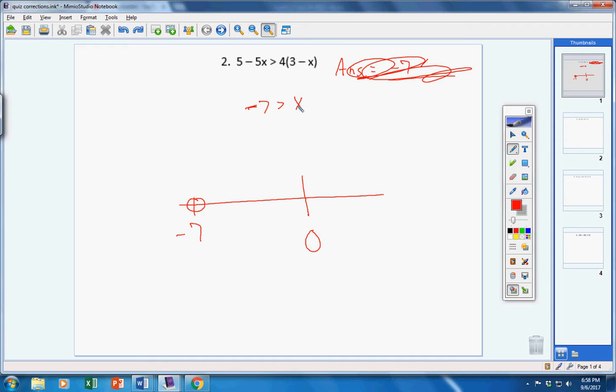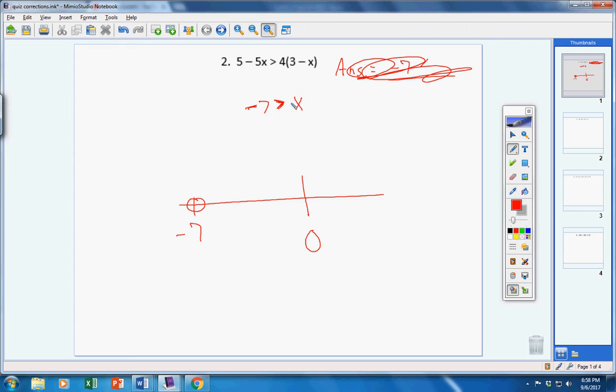Well, you would say x is what, Andrew? X is less than -7. Now, you could say -7 is greater than x. That's fine, but we're graphing x, so I want to know what x is. So I'm going to start with the x. I would say x is less than -7 because the little n is pointing toward the x.